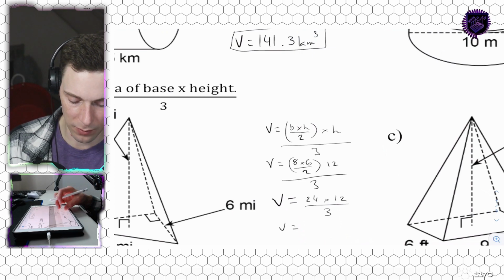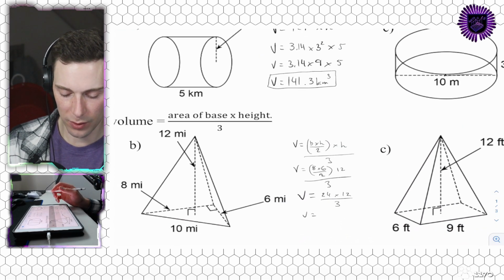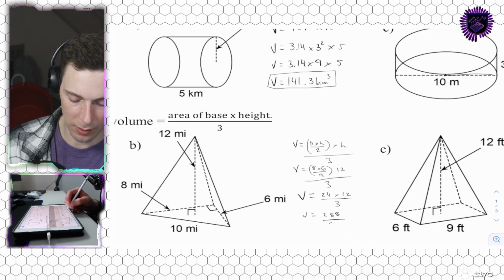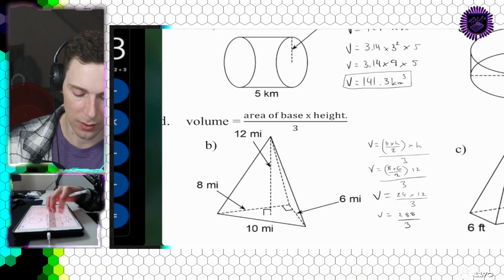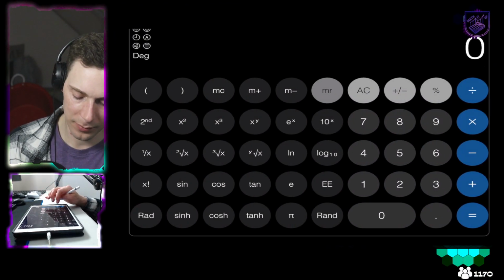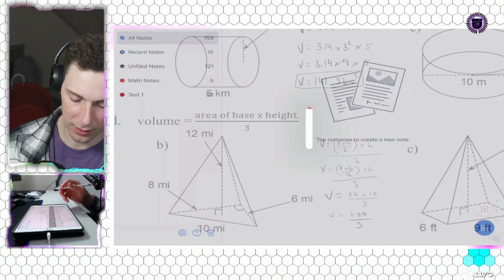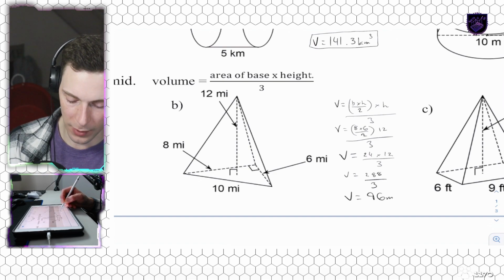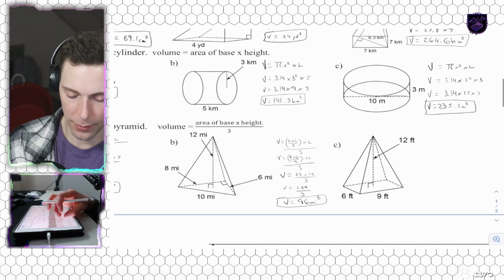Volume is equal to, 240 plus 48, 288. 288 divided by 3. I'm going to use a calculator for that one. 288 divided by 3 is equal to 96. My volume is equal to 96 miles cubed. Oof.